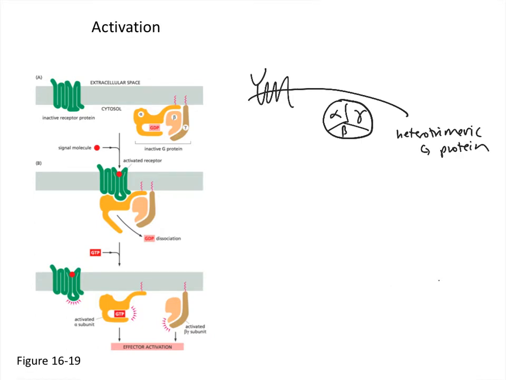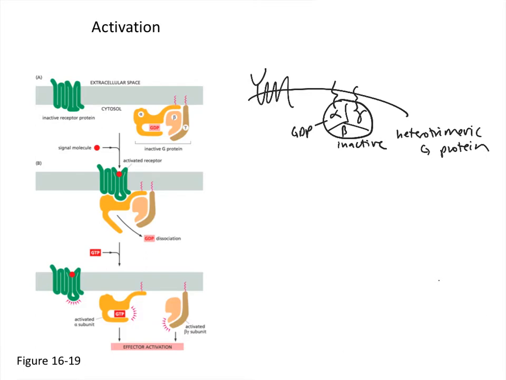And I would draw them in the same order and location, because then we can make our lipid tail here so that alpha and gamma have those links, whereas the beta subunit is not linked to the membrane. And finally, the alpha subunit in the inactive form is bound to GDP.